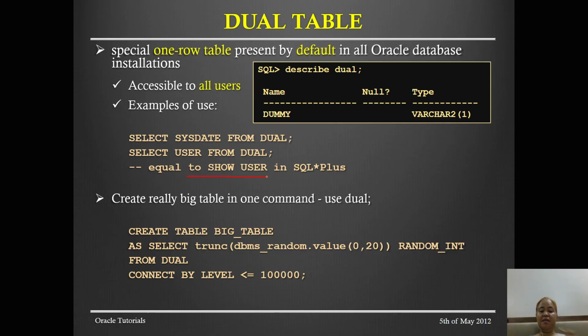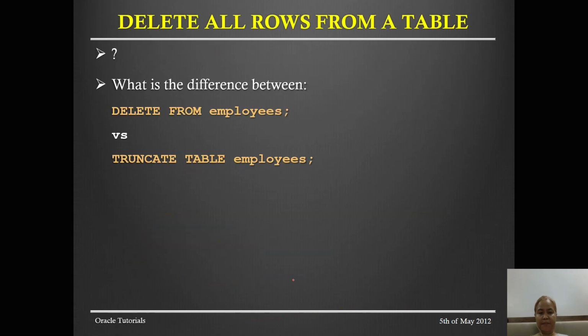To create really a big table in one command, we just use this kind of command: create table as select, truncation, random integer from dual connect by level less than 100,000.